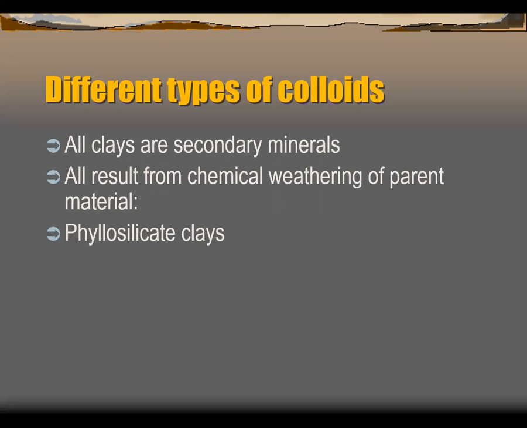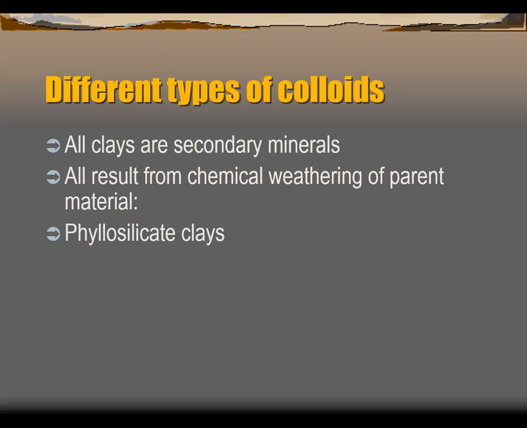There are phyllosilicate clays, which in the temperate zone are by far the most common ones. They're the most heavily studied ones, partly because they tend to have more or less of a regular structure. And scientists, we tend to like things that we can describe that aren't just, it varies. Also, these are things that are economically important.